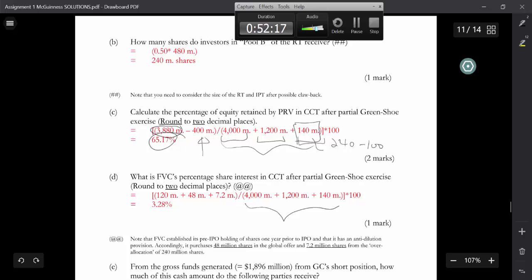They had 120, they bought another 48. The answer is wrong, you said. Yeah, because they also bought the greenshoe on 4.48. This is 15% of 48.